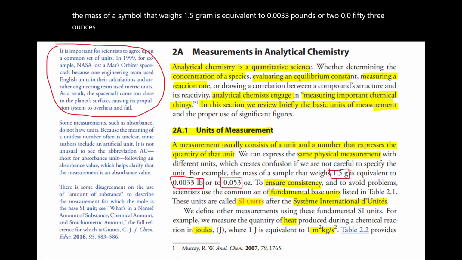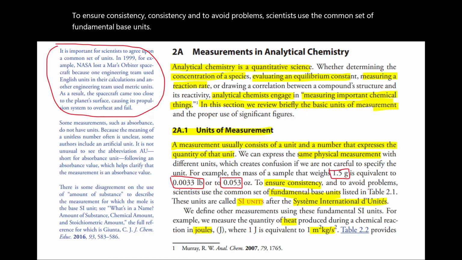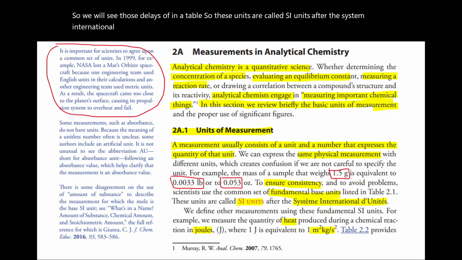To ensure consistency and to avoid problems, scientists use a common set of fundamental base units. We will see the list of that in a table. These units are called SI units after the Système International, the International Unit System.